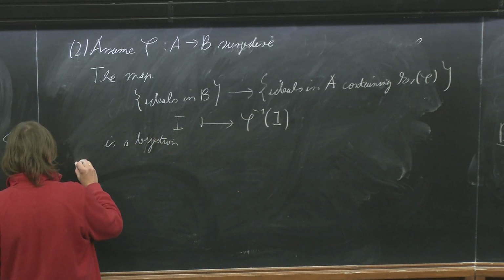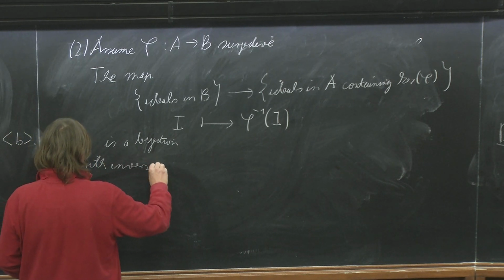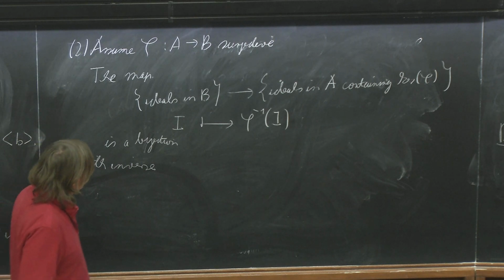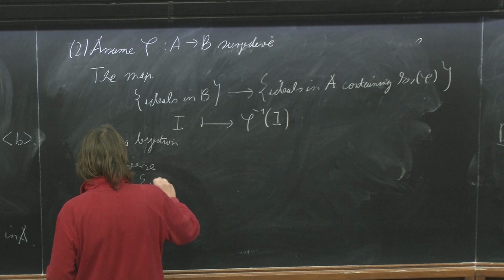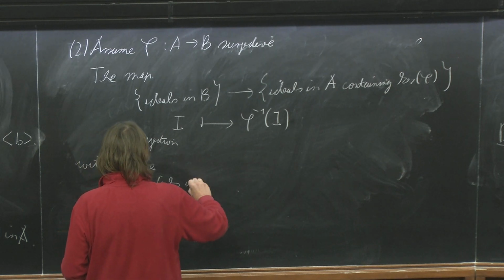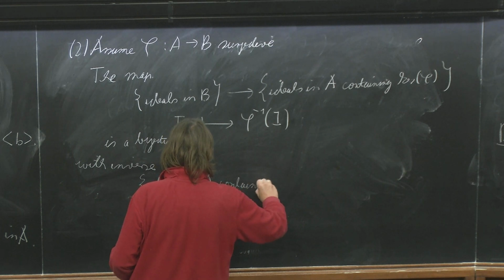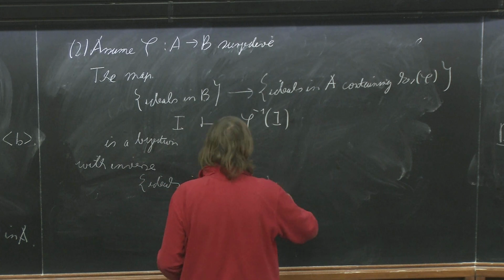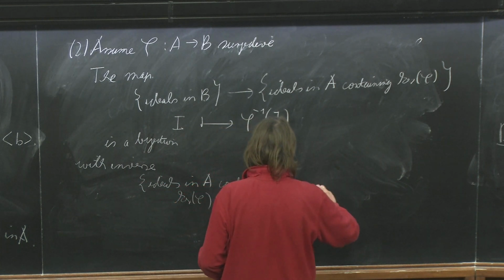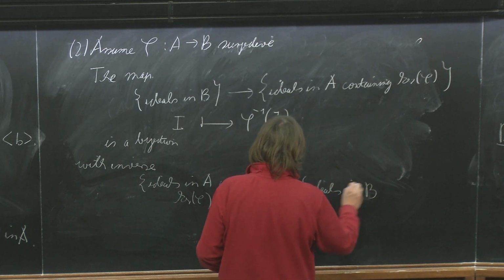So with inverse, a map from obviously the ideals in A containing the kernel to the ideals in B. Well, what's the obvious thing?